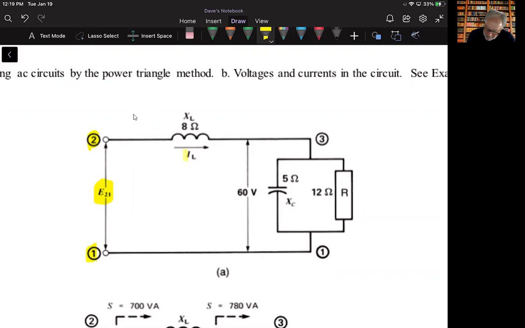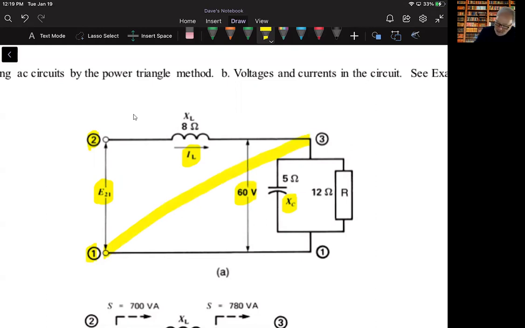Another thing is to figure out the current that's going through that 8 ohm inductor. And then we would like to determine the value of XC here. We're given that from here to here, we know that is 60 volts.